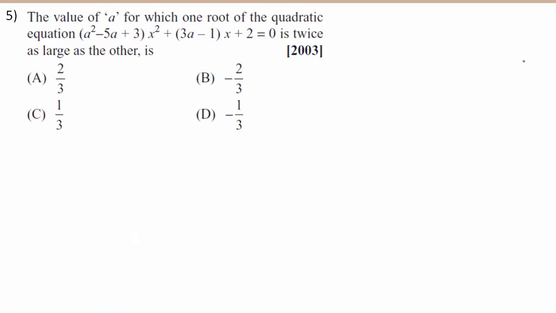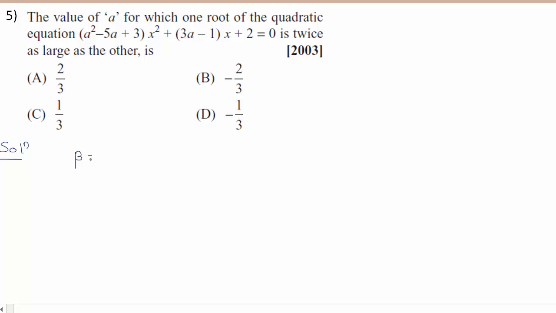Okay, question 5 says the value of a for which one root of the quadratic equation a square minus 5a plus 3 times x square plus 3a minus 1 into x plus 2 equal to 0 is twice as large as the other. So given is one root is twice the other.